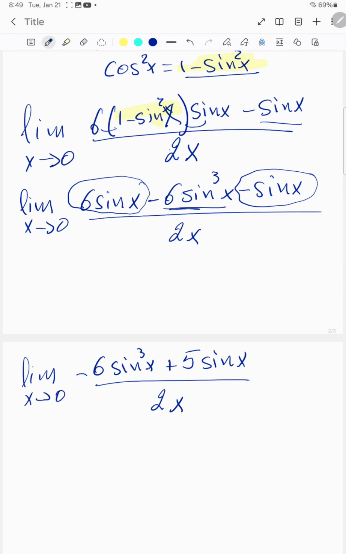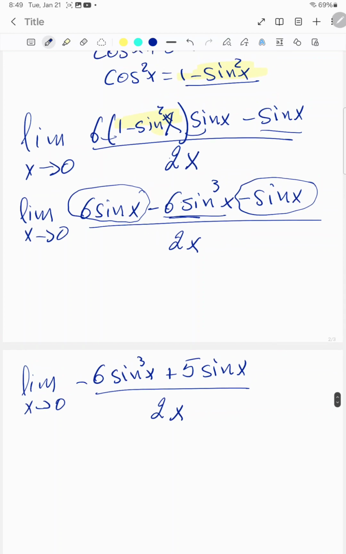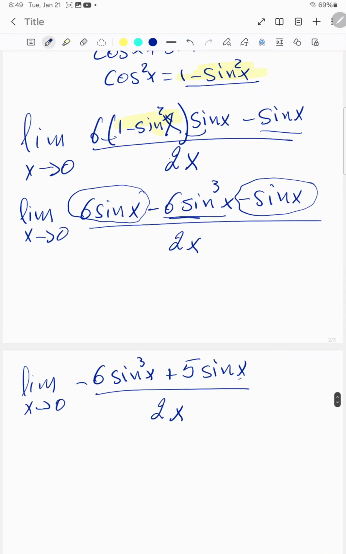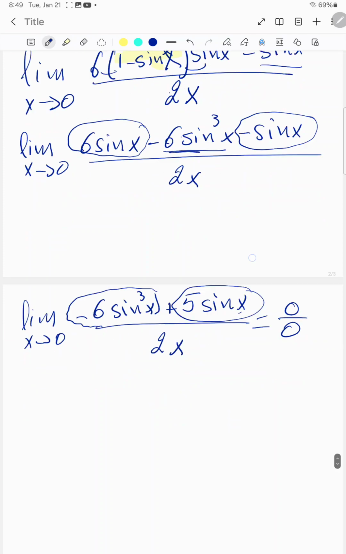Again, sine of 0 is equal to 0, 0 times 6 is 0. And this sine of x is equal to 0, times 5 is 0. So I have 0 in the numerator. And if I replace x by 0 in the denominator, I have 0 divided by 0. And I have to apply L'Hôpital's rule again. But here it's way easier. All I have to do is derive this and then derive that.